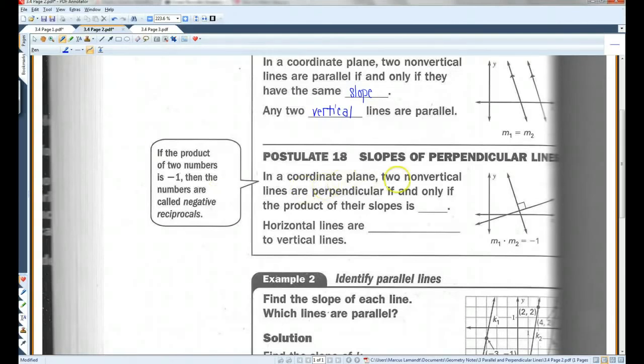In a coordinate plane, 2 non-vertical lines are perpendicular if and only if the product of their slopes is -1. Okay? Now, opposite reciprocals are also called negative reciprocals. Hopefully you guys remember that opposite means that you change the sign.